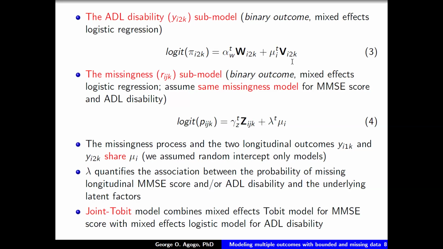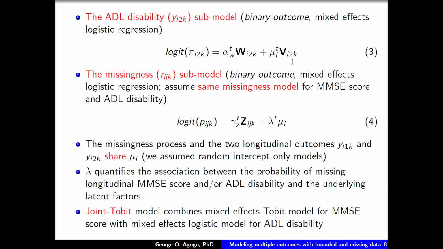Then the last component of this joint model is the missingness component. If you recall the shared parameter denotation, we had three components: the outcome, the missingness pattern, and of course the latent component. This would have been very complicated, but we decided to simplify it a little bit.